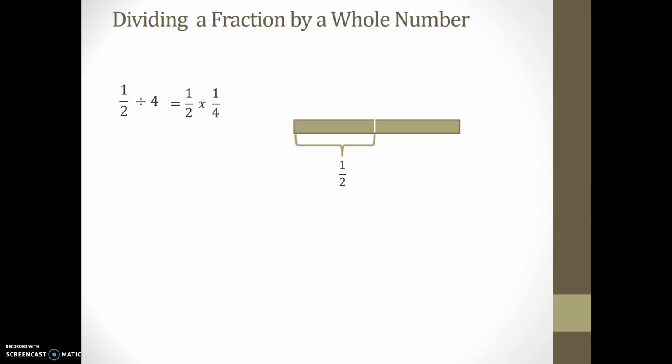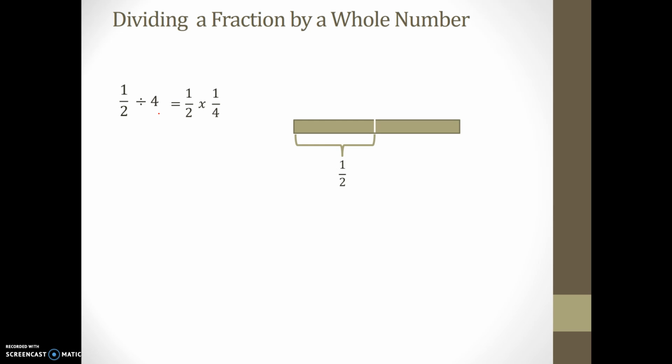But let's do our copy dot flip. So we copy the first number, so 1/2 stays 1/2. Then we change division to multiplication, and then we flip the second number. Now remember that when we have a whole number, the inverse of that whole number is going to be 1 over whatever that number is, because normally the whole number in this case 4, it would be 4/1, right? So I end up with 1/2 times 1/4.